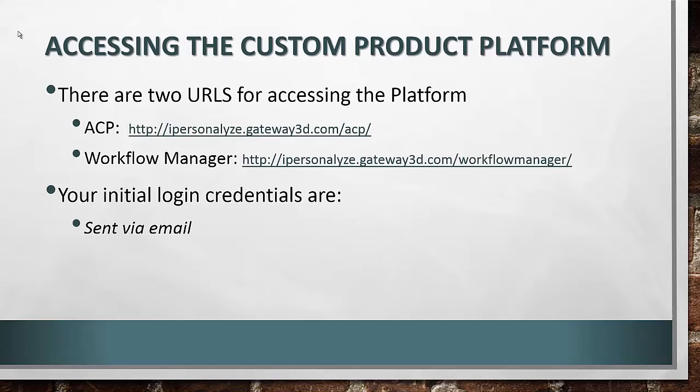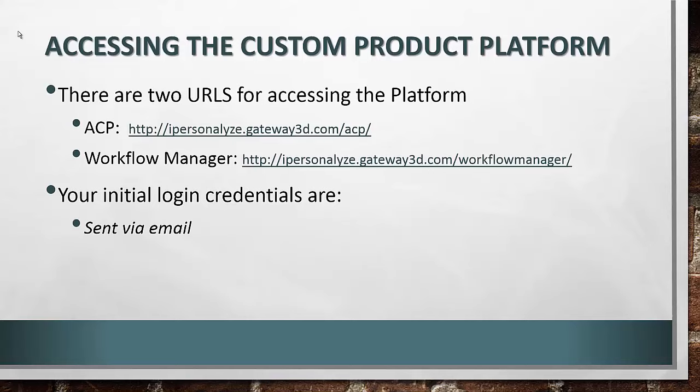One is ACP. This is where you're actually creating your product templates, and that would be ipersonalize.gateway3d.com/ACP. The other would be Workflow Manager, and this is where you would be managing your print output, and order output and that sort of thing.